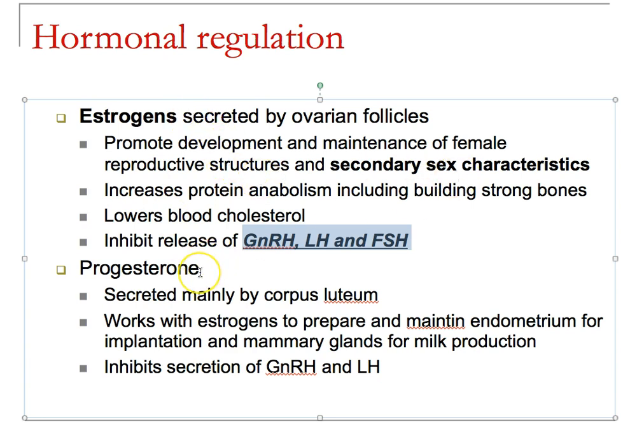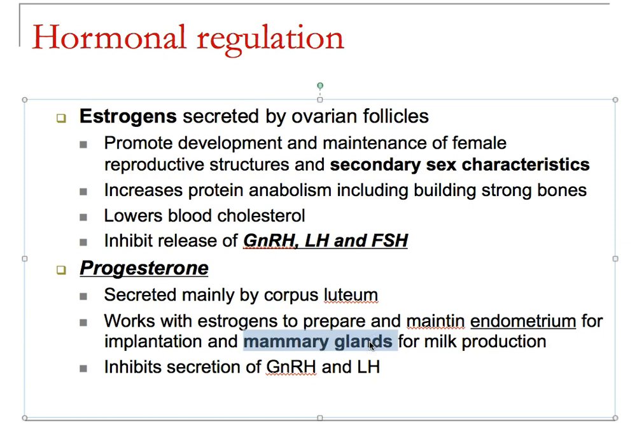Okay. Progesterone, another water-insoluble hormone. Okay. Go like that. It's secreted by the corpus luteum. It works with estrogens to prepare and maintain the endometrium. So notice, we're telling you that it's a different target now. Okay, for implantation and mammary glands for milk production.